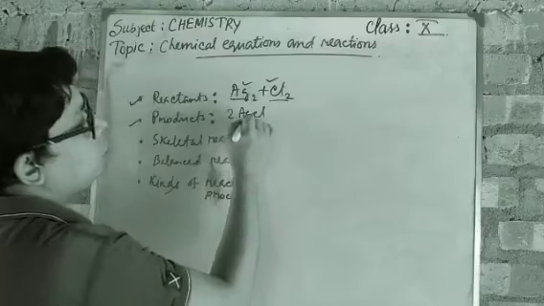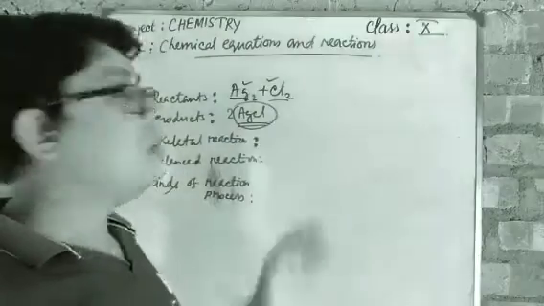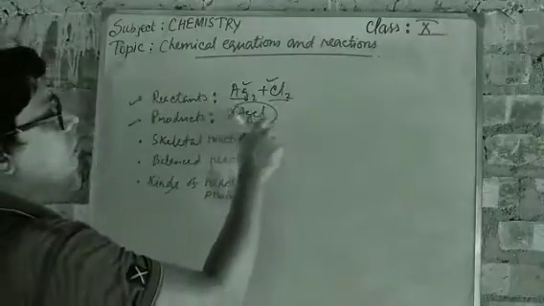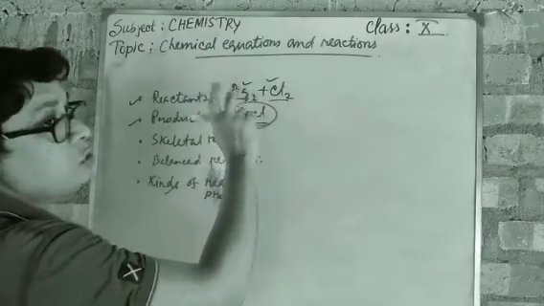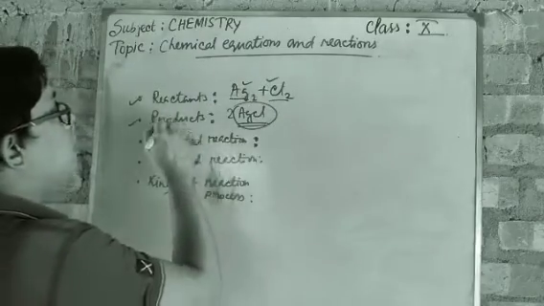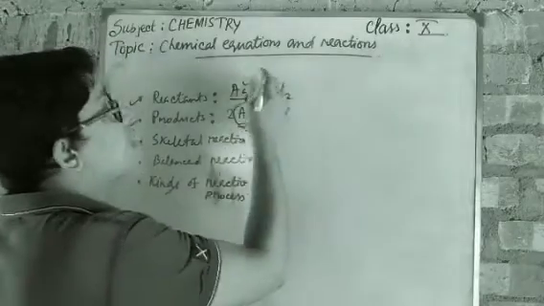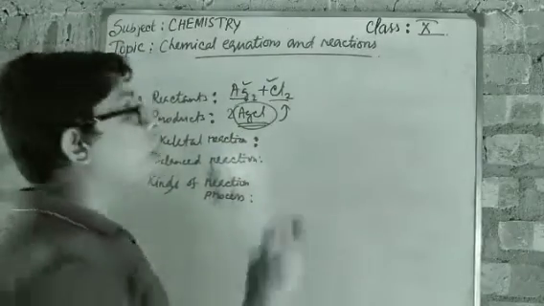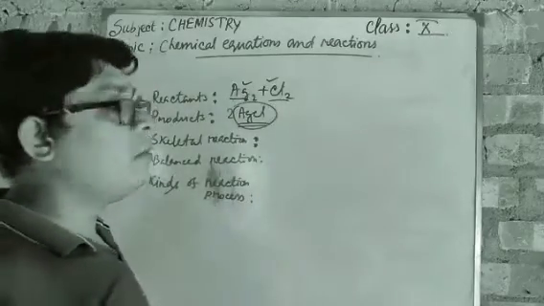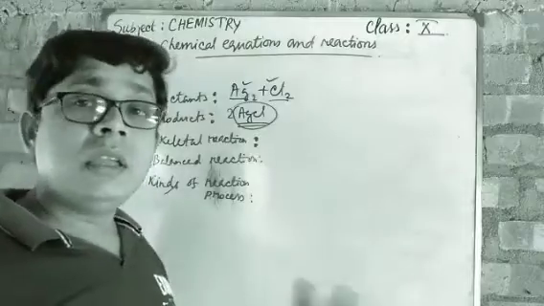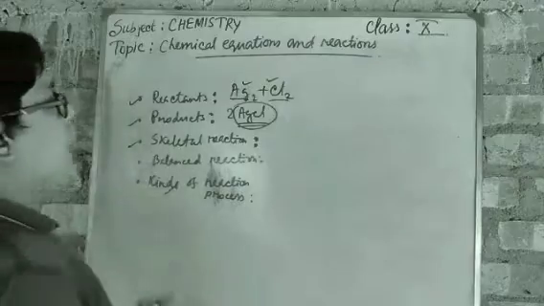I am balancing here: 2AgCl, silver chloride, a new product made with only the help of these two reactants. That's why it is called a product, and this product can never be reversed again into reactants. In chemical reactions it doesn't happen at any time, but in physical reactions it happens.